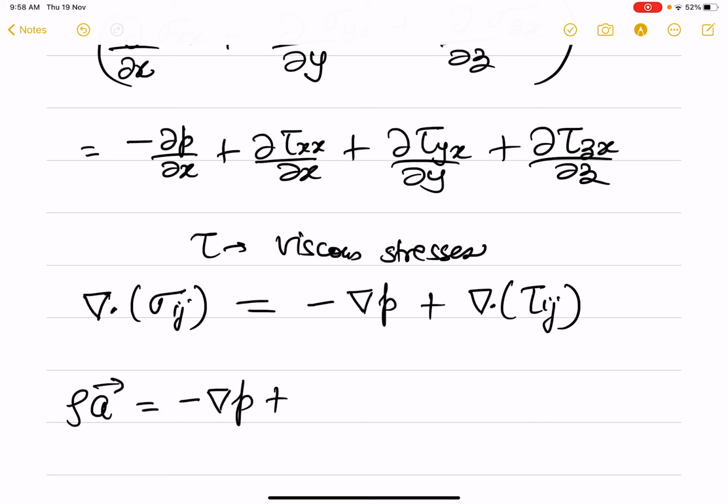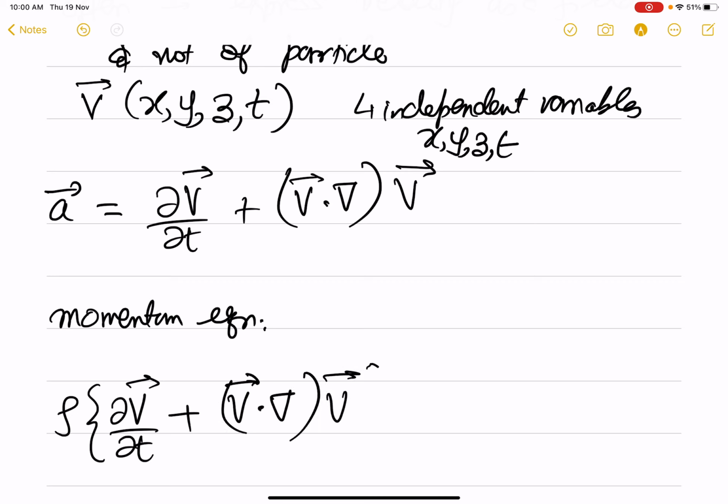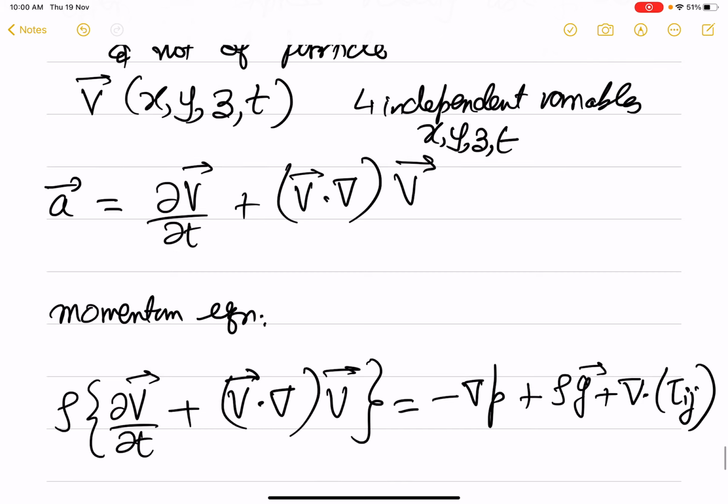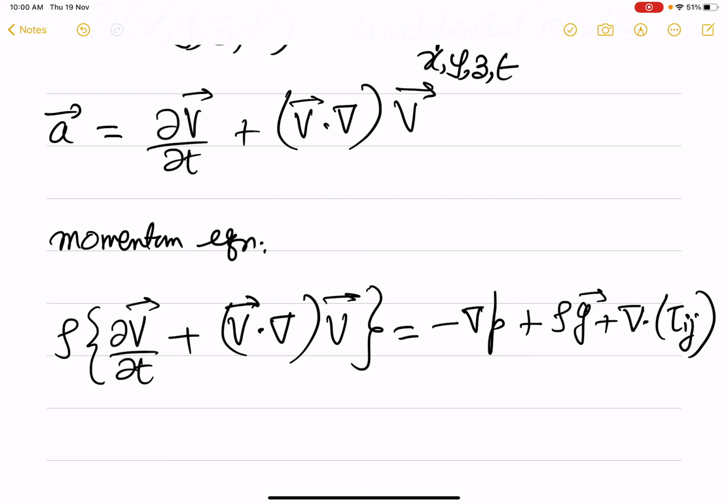So therefore, when I do this, what I will get is the momentum equation will now become rho times partial v by partial t plus v dot grad operating on v is equal to minus gradient of p plus rho g plus divergence of tau ij. So we have taken care of the left hand side and expressed this in terms of the field.